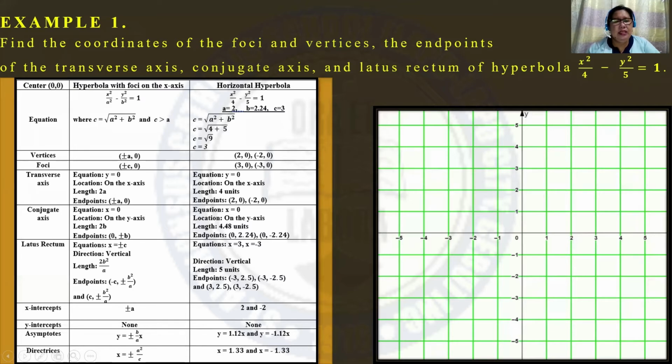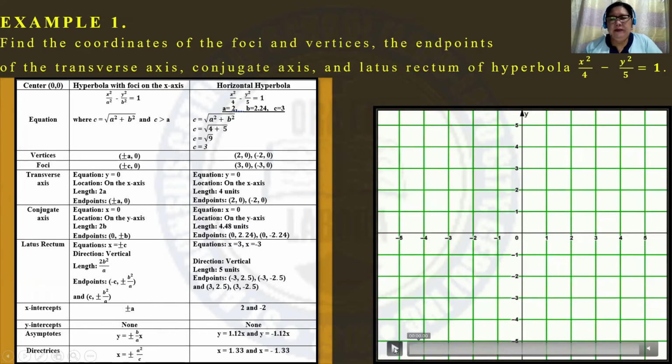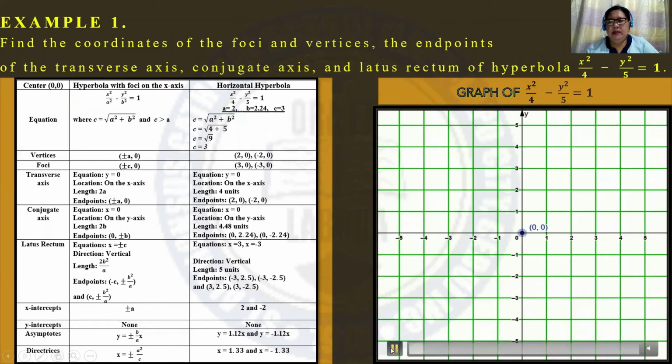For the directrices, just substitute a, then square it over the value of c. So what we have is x is equal to 1.33 and x is equal to negative 1.33. So let us have the graph now. Plot now the center, the vertices, then mark the transverse axis.